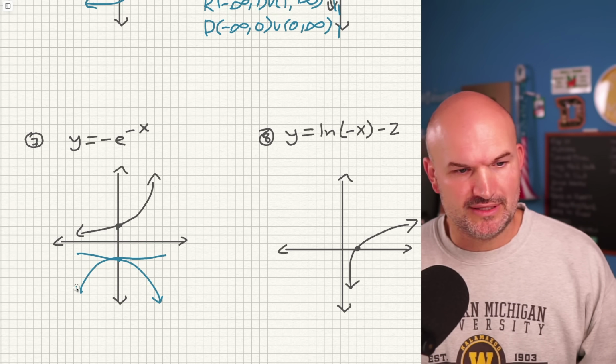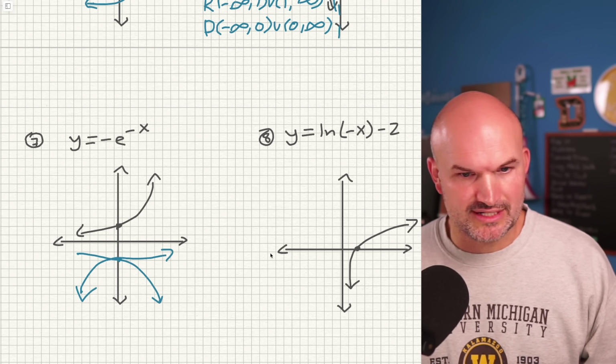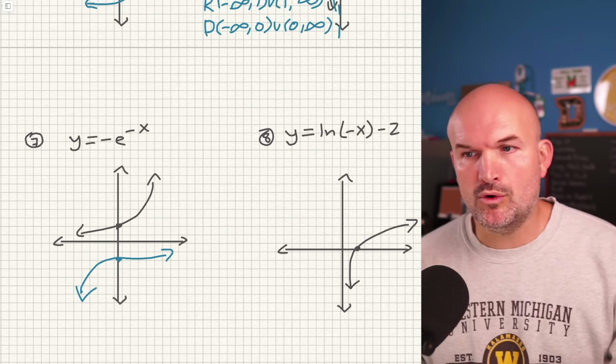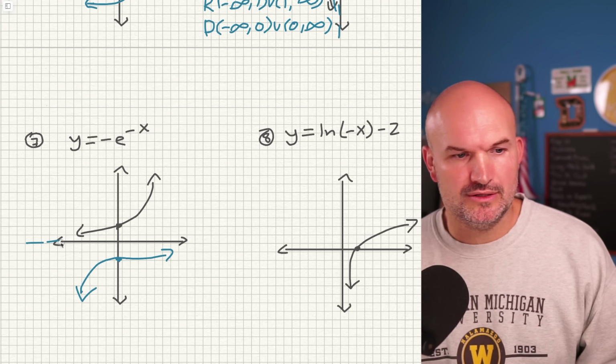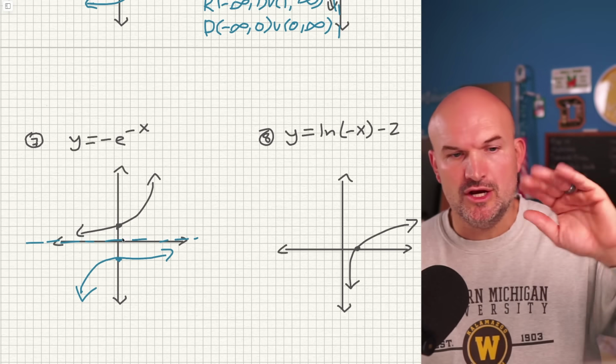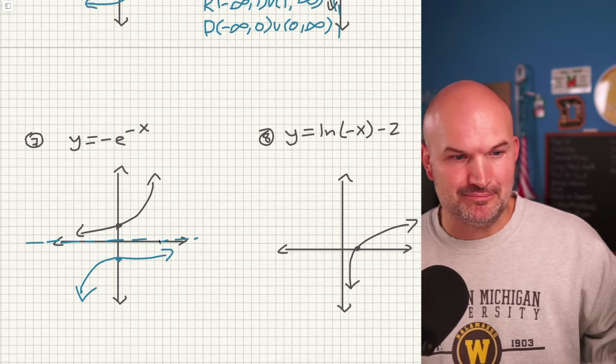Now the graph's going to look something like that. Okay, it's important. Let's erase this one. Did my horizontal asymptote change? Well, let's think about it. When I reflected this graph about the y-axis, it didn't change. So this remains the same.